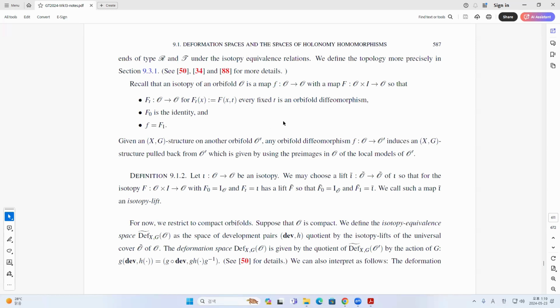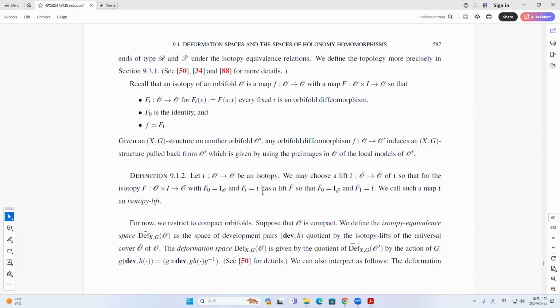Anyway, I think this is repeated. Sorry about this. For a structure on another orbifold, a diffeomorphism induces a structure pulled back from O prime, given by using the preimage in the local model.